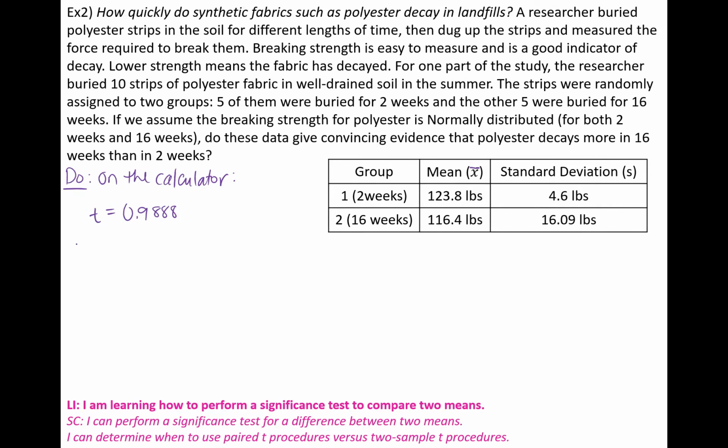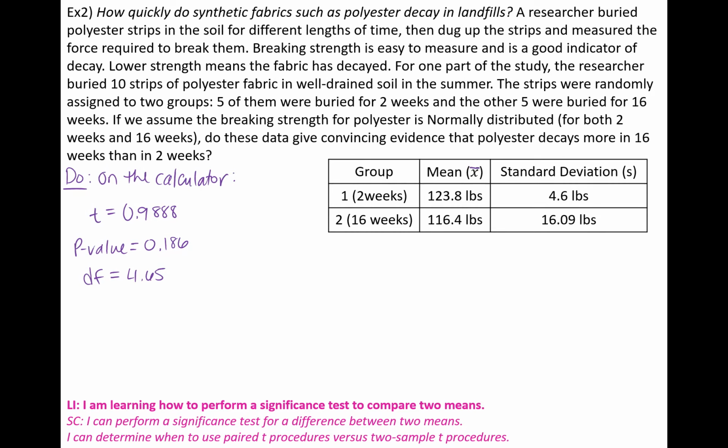And then our p-value was 0.186. That's a rounded answer. Hopefully I rounded correctly. I don't have the original in front of me. My degrees of freedom, 4.65. Again, a rounded answer.